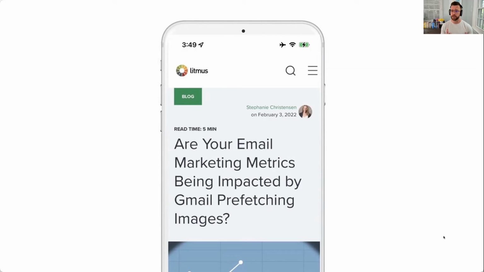And when I say Gmail, again, we're not only talking about @Gmail addresses, we are also talking about those organizations that run their email infrastructure under Google Workspace, which is a huge amount of organizations at this point. Gmail prefetching probably impacts somewhere between about 2 to 5% of your subscribers.